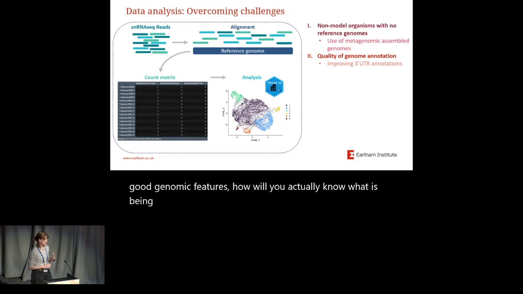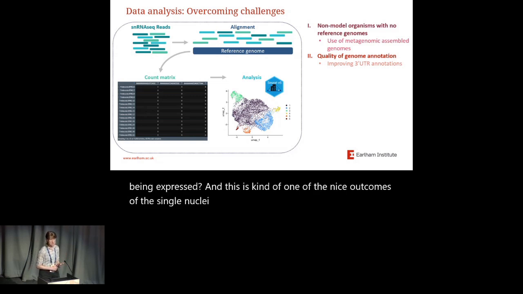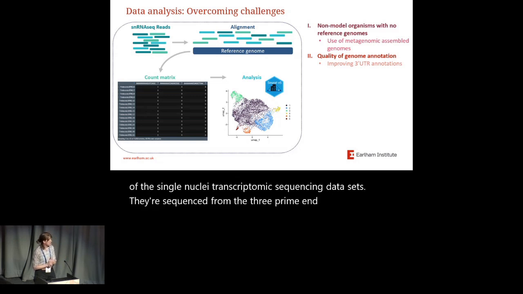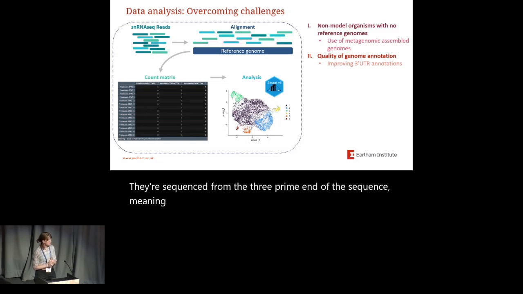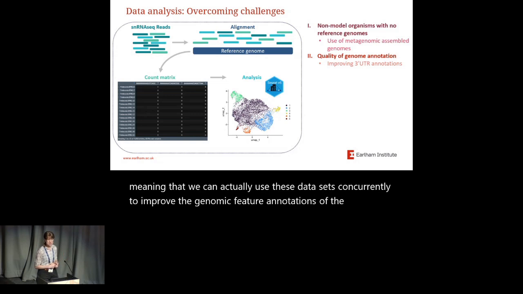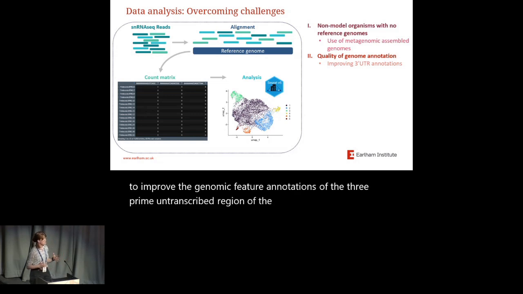And this is one of the nice outcomes of these single nuclei transcriptomic sequencing data sets. They're sequenced from the 3' end of the sequence, meaning that we can use these data sets concurrently to improve the genomic feature annotations of the 3' untranslated region of the genome and get better mapping.